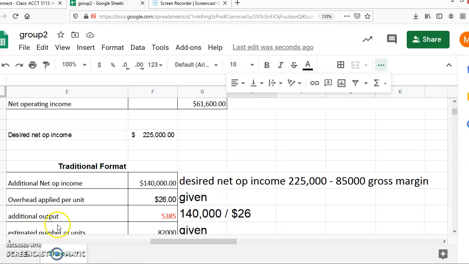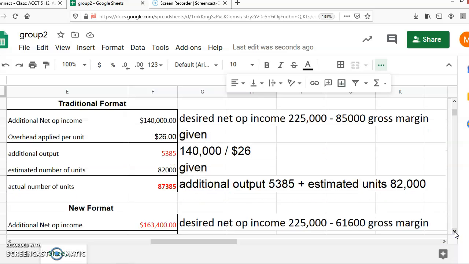For the additional output, we took the 140,000 divided by the $26. The 82,000 estimated number of units was given to us. The actual number of units was the additional output, 5,385 units, plus the estimated units of 82,000.